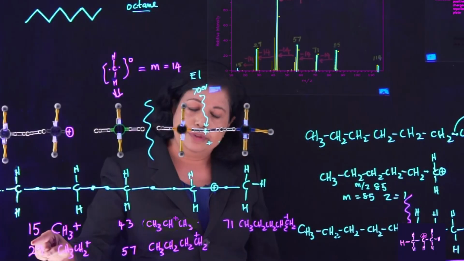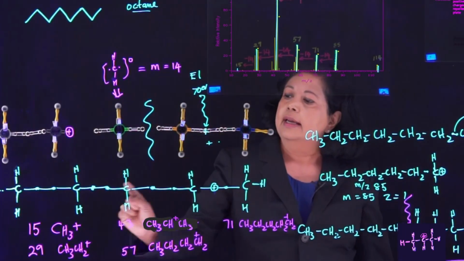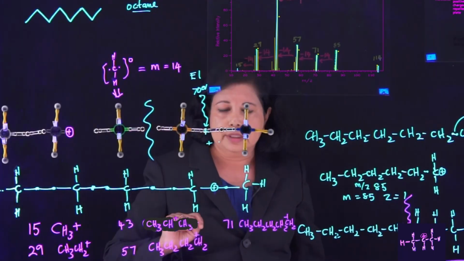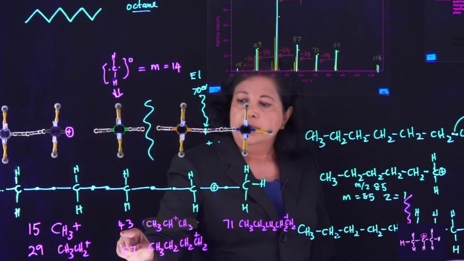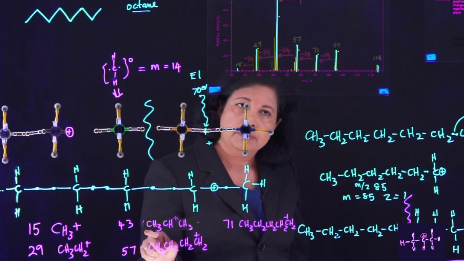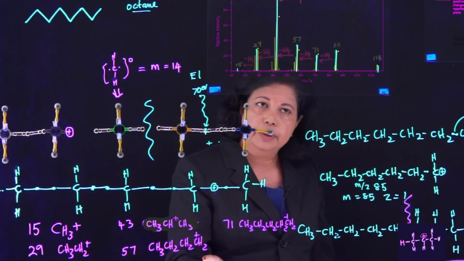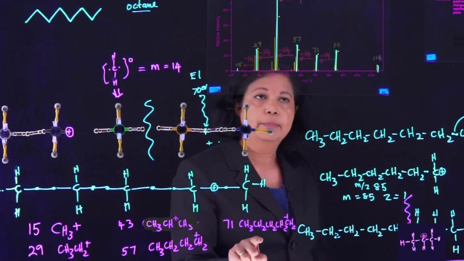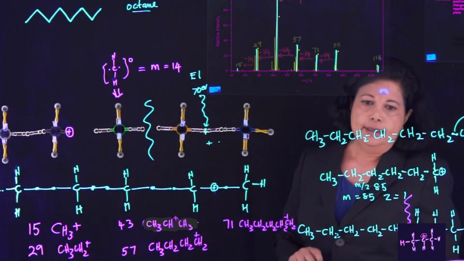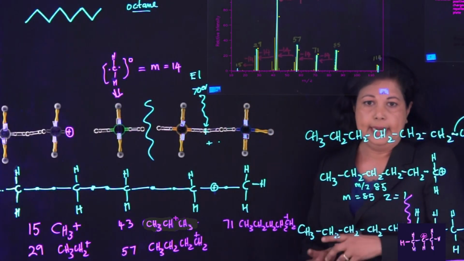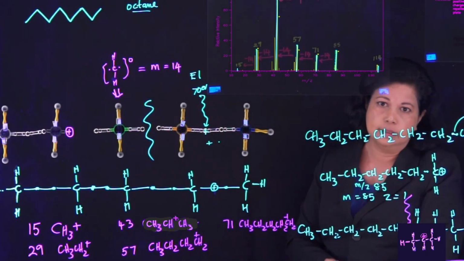If you see a 15 peak, chances are it's a methyl cation, and those are very tiny. If you see a 43, it's probably a propyl cation. 57 is a butyl cation. 71 pentyl cation, and so on. Okay, 85 hexyl cation, and so on.